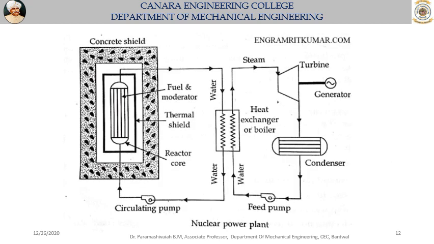Next, this is how the nuclear power plants work. This closed chamber is called a nuclear reactor. It is highly enclosed because the radiation generated during the reaction should not pass through.